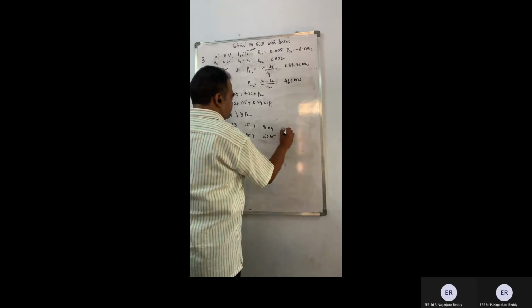Normally it takes 5 to 6 iterations for getting a convergence. This is 85.56. So slowly we are getting into convergence.